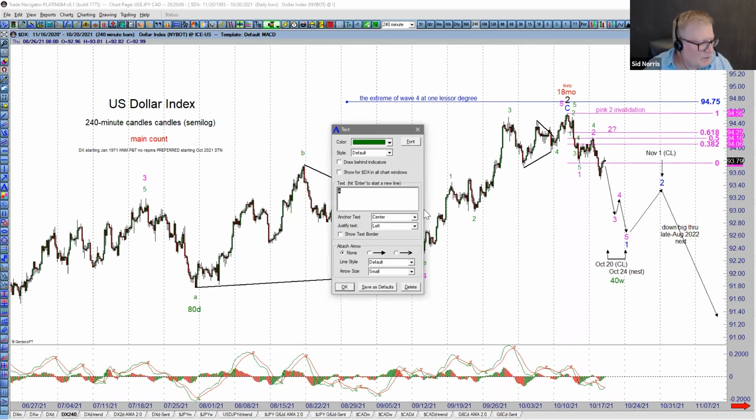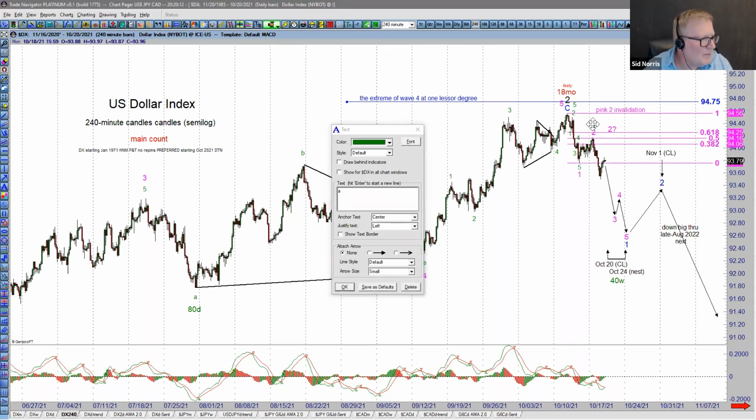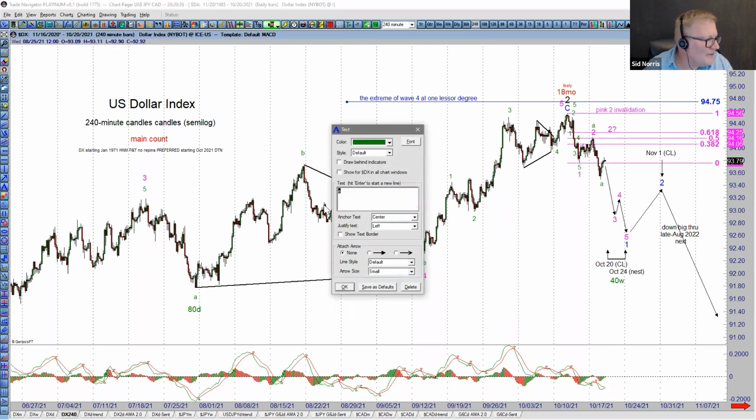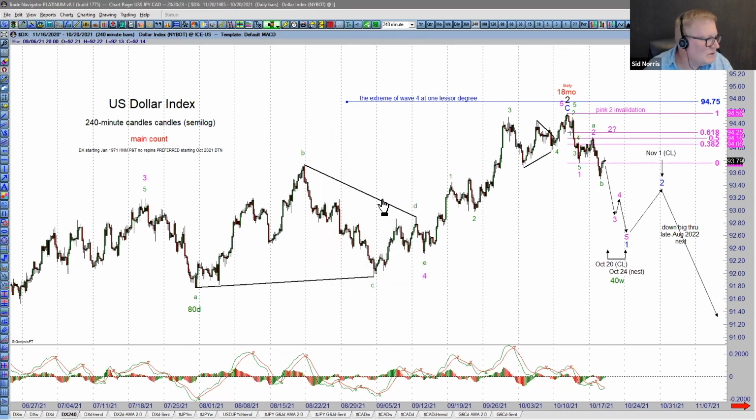It's possible that this was 3 waves up from A, and this was a little deeper than normal B wave, and put question marks on those.